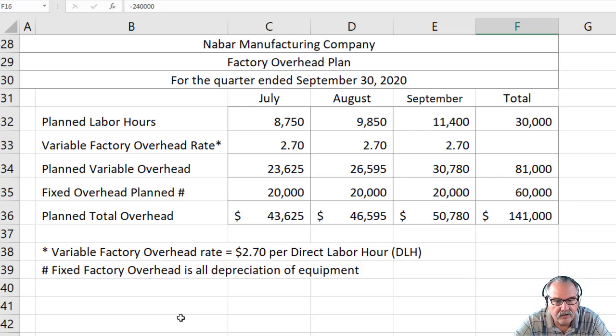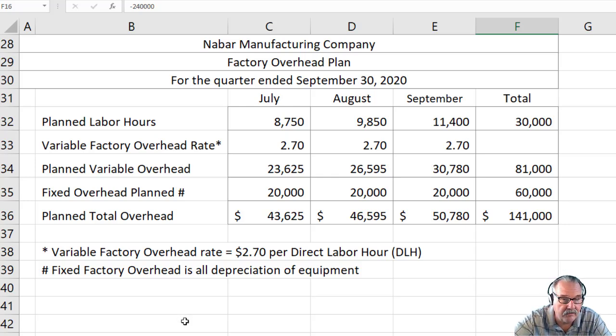And then we have $20,000 worth of fixed overhead, and that's all depreciation of equipment. We could have other overhead items, but because this is a fairly simple model, we only have one fixed overhead item, and that's $20,000 of depreciation. Keep in mind, we'll need that information when we go to prepare our balance sheet. So the total planned overhead for July is $43,625, and the total for the 3 months is $141.